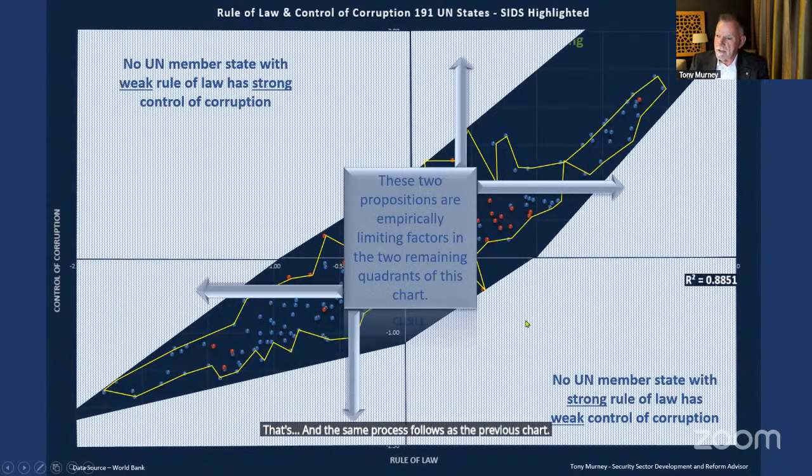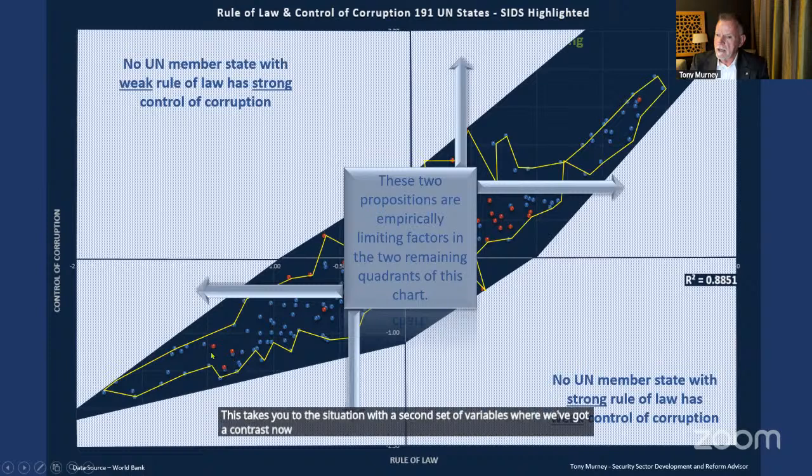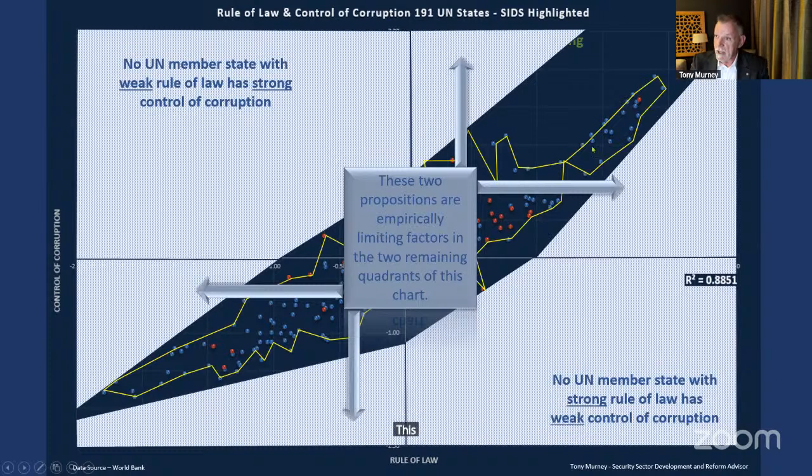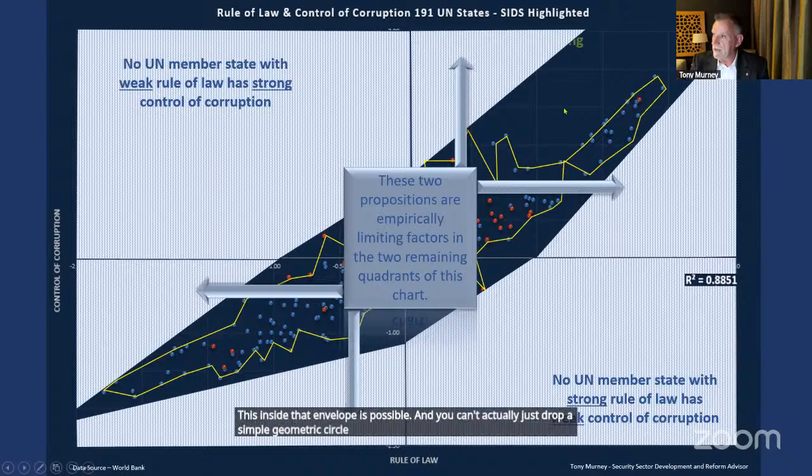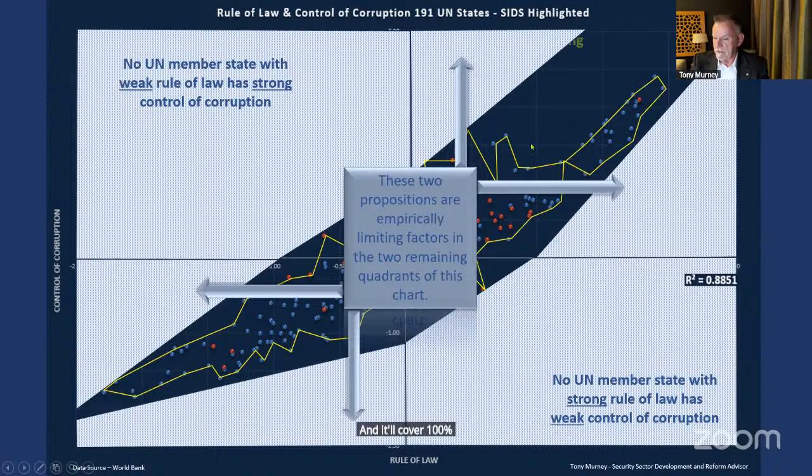This takes you to the situation with a second set of variables where we've got a contrast now between development possibilities and impossibilities. This, inside that envelope, is possible. And you can actually just drop a simple geometric circle around that, or an oval, and it'll cover 100% of this with very little leftover space.